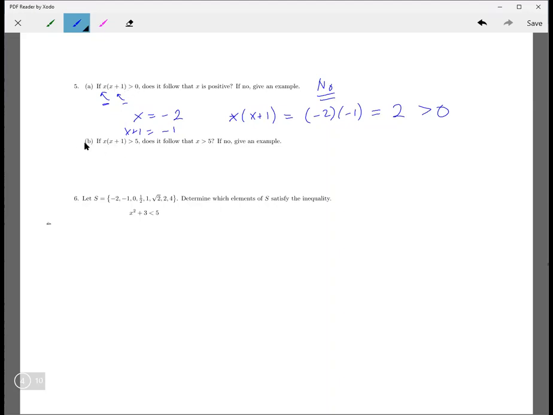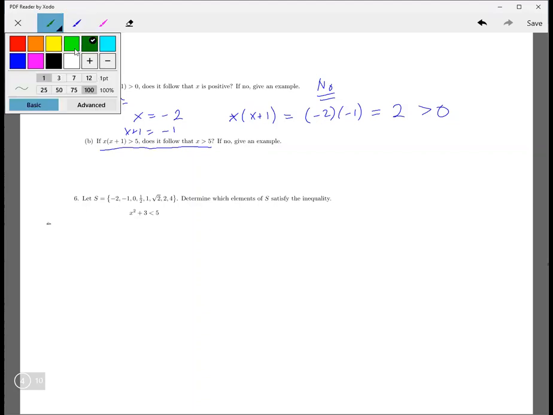Likewise with b, you could do the same thing with b. Maybe even that's even easier, because for part b, you don't even have to go negative.